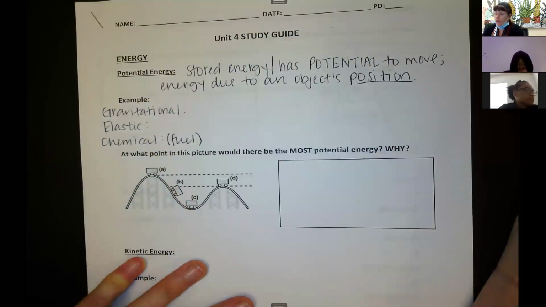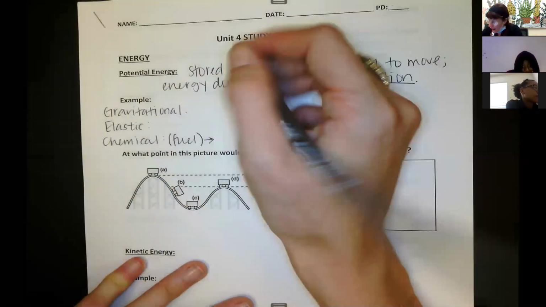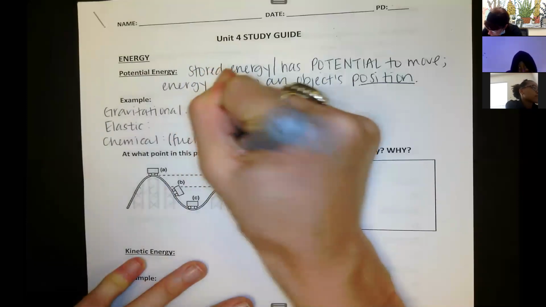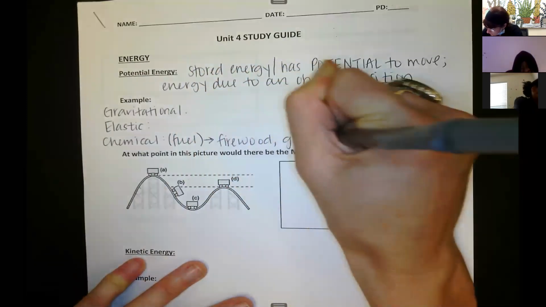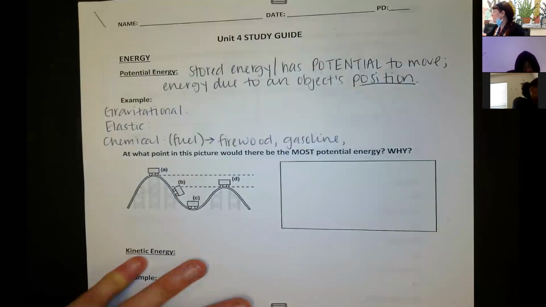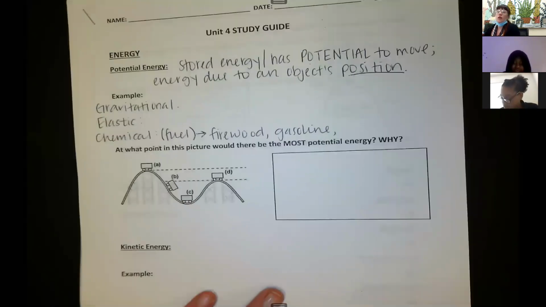So this is firewood, gasoline. Somebody said sunlight, which is true. Sunlight begins as nuclear energy, but then gets transferred to chemical potential energy for plants.